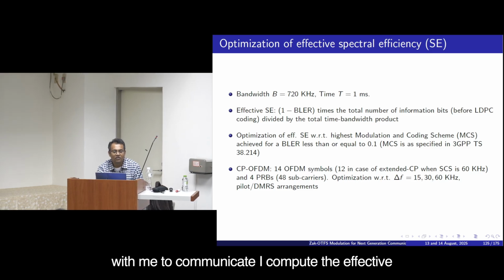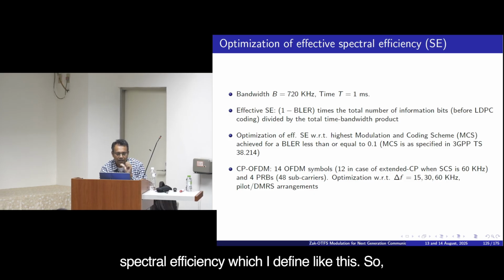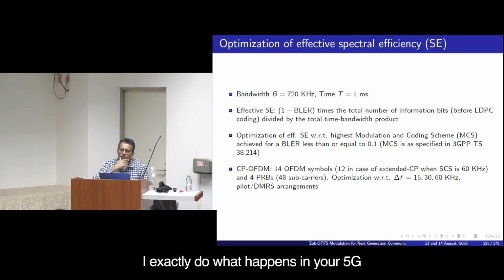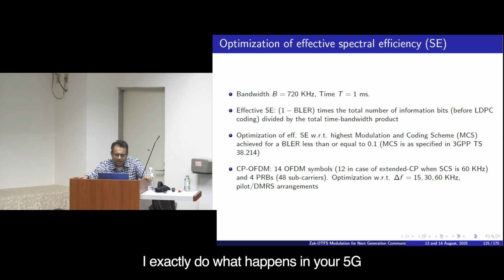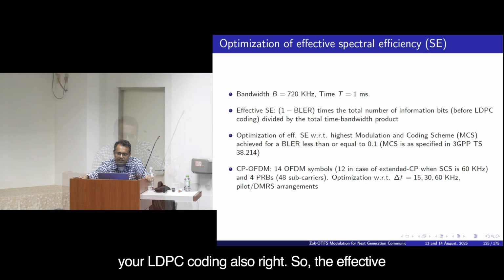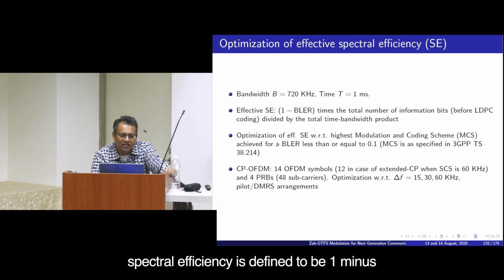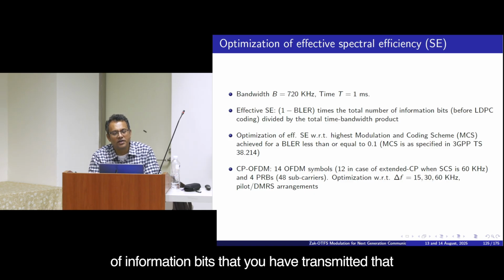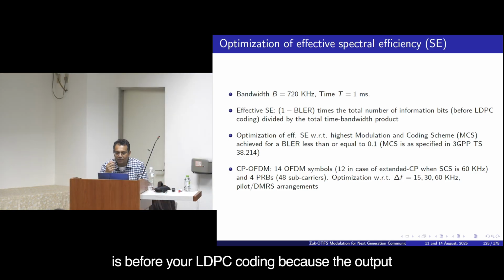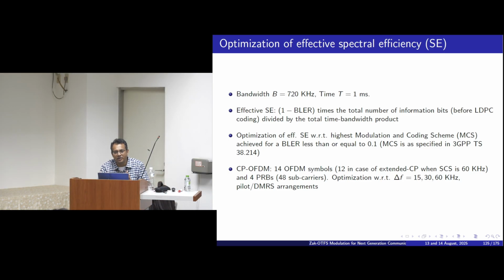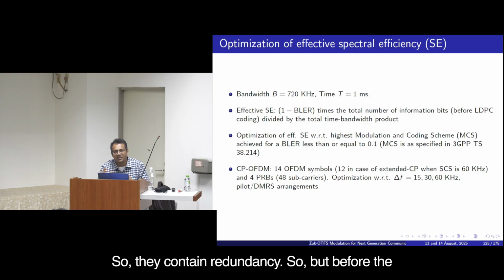I compute the effective spectral efficiency, which I define like this. So I exactly do what happens in your 5G basically. In 5G you have your LDPC coding also. So the effective spectral efficiency is defined to be 1 minus the block error rate times the total number of information bits that you have transmitted, that is before your LDPC coding, because the output of the LDPC coding is the coded bits, so they contain redundancy.